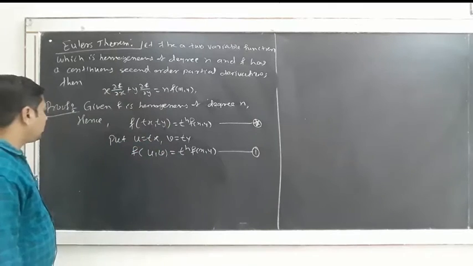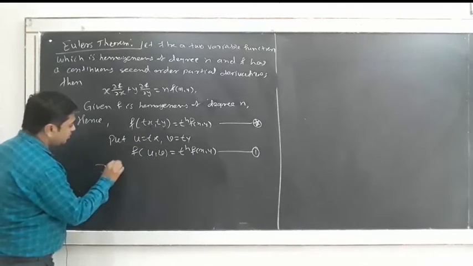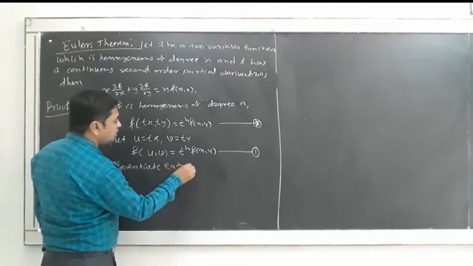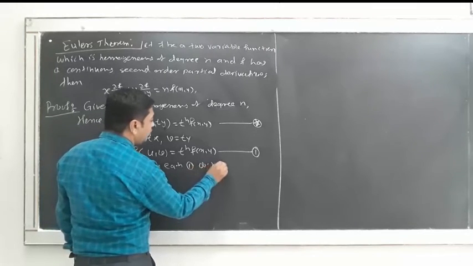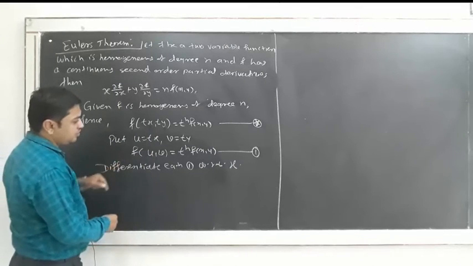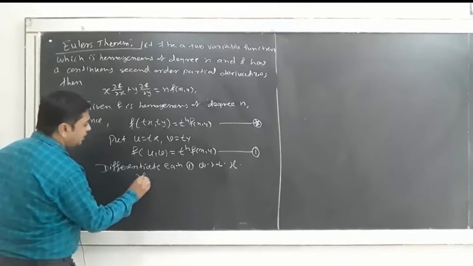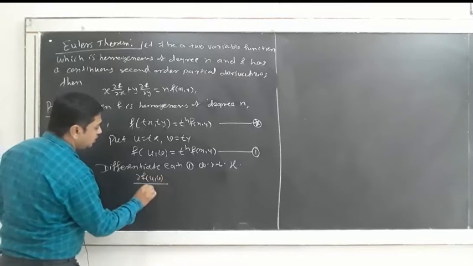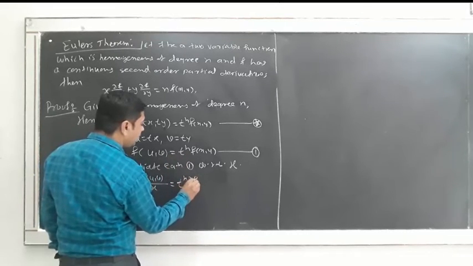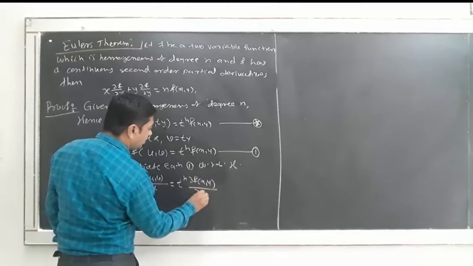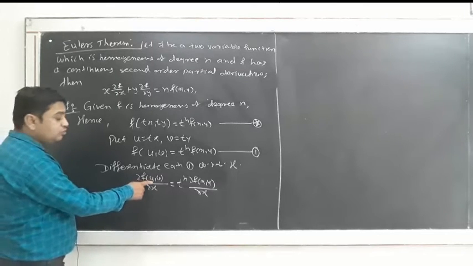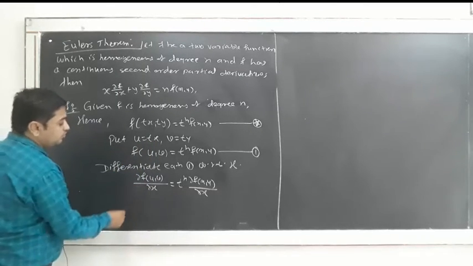Okay, so what can we do now? First we have to differentiate equation 1 with respect to x. Differentiating, ∂f of u, v upon ∂x is equal to t raised to n, which is constant, times ∂f of x, y by ∂x. Now f is a function of u, v and u, v are functions of x, therefore we have to use the chain rule.